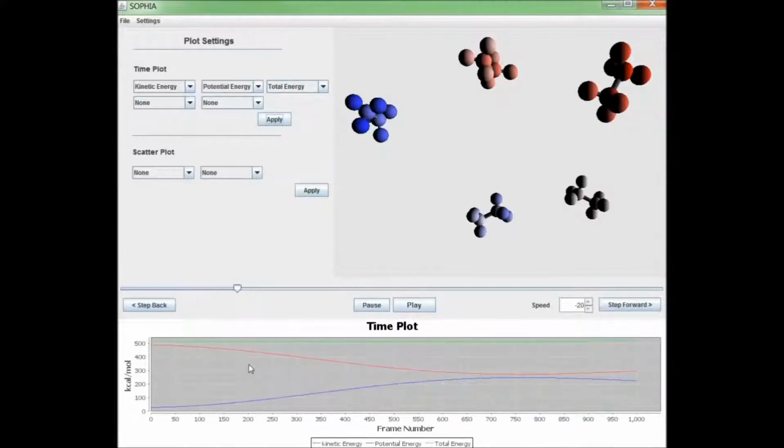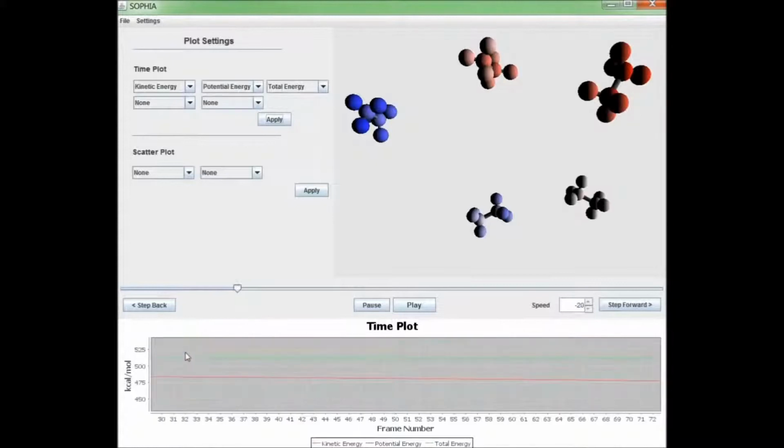Now you can see down at the bottom has the legend for each of the different types of energies, as well as the frame that are taken at each time step set in the previous settings, as well as the value along the left. For some of the larger simulations, it creates a large deal of data.